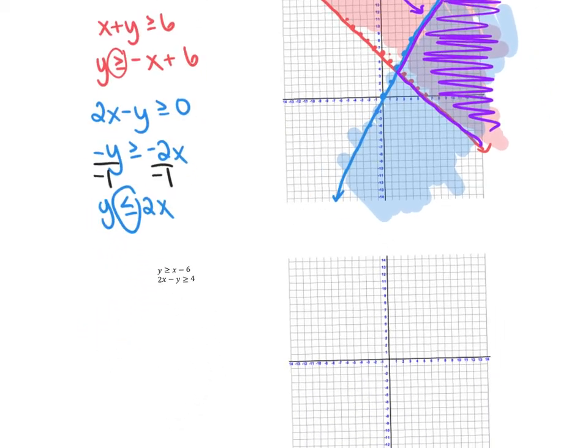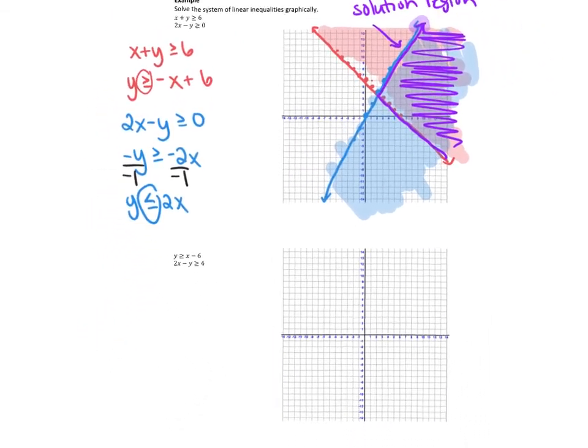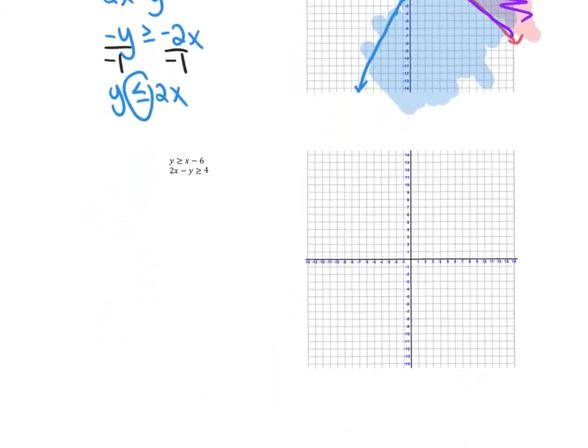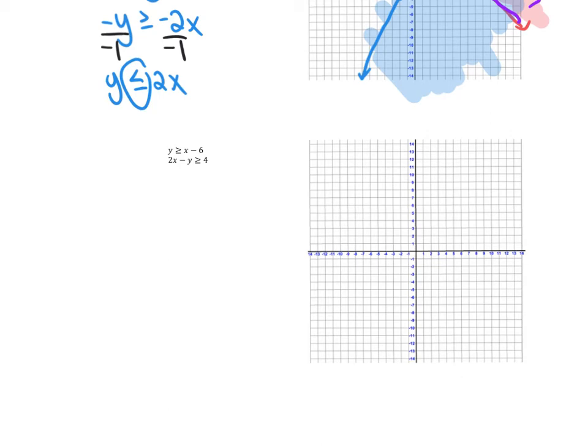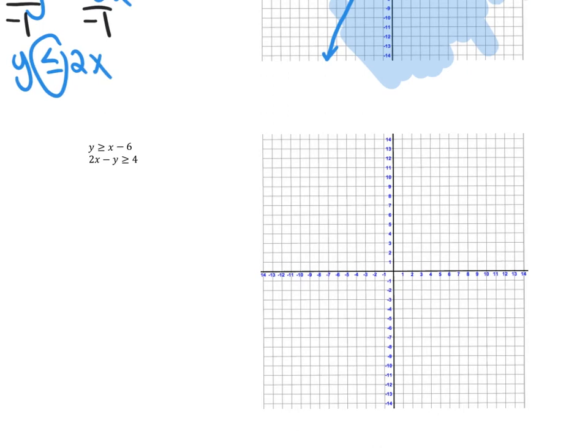So let's do one more. Again, I have y greater than or equal to x minus 6, so that's already in the form for us. So we'll graph that negative 6 first. Slope says to go up 1 over 1.